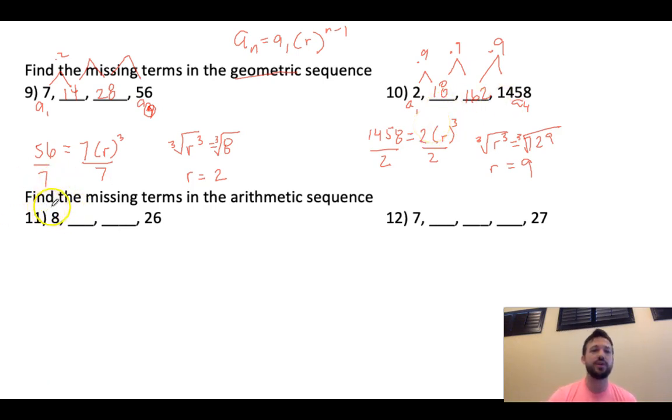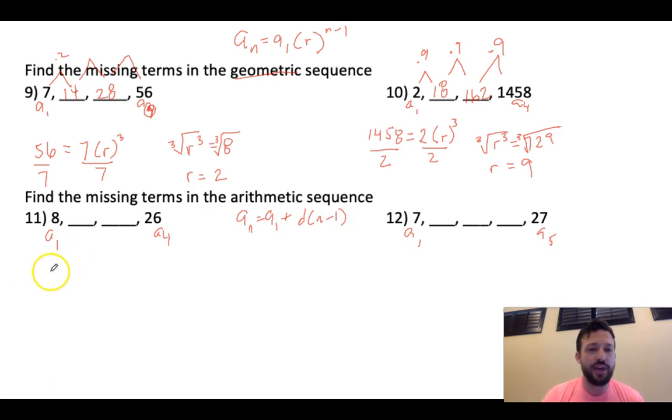Okay, last 2 questions here. Find the missing terms in the arithmetic sequence. We're going to do it the exact same way. This is the first term, this is the 4th term. Same thing for this one. This one is the first term, it looks like this one is the 5th term. So remember, your arithmetic sequences go a_n equals a_1 plus the difference times n minus 1, right?